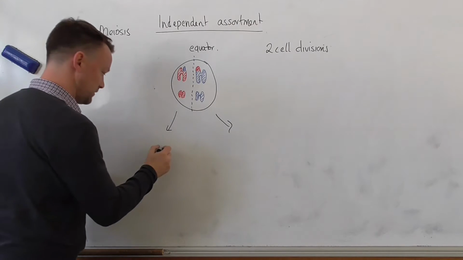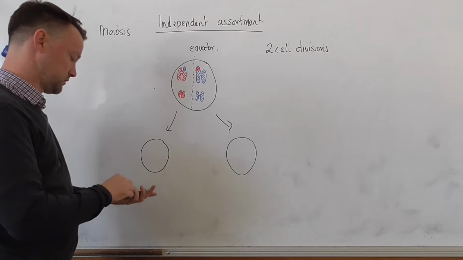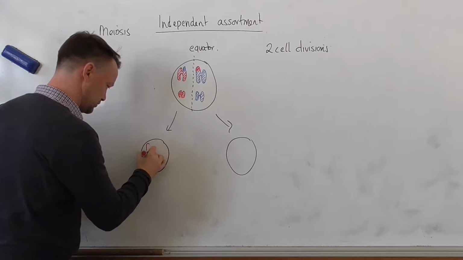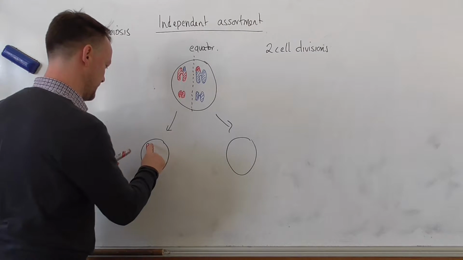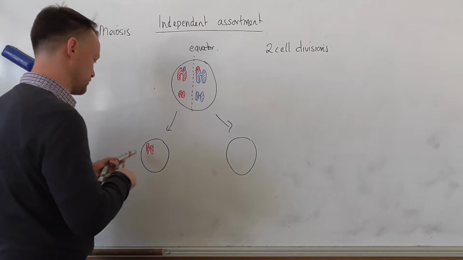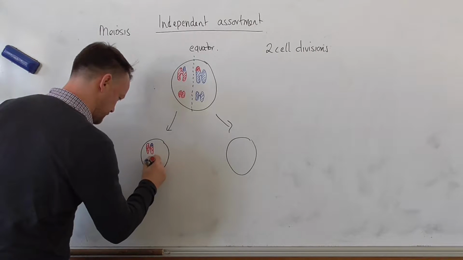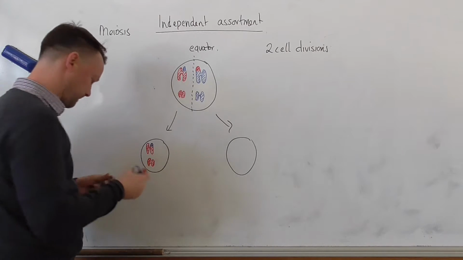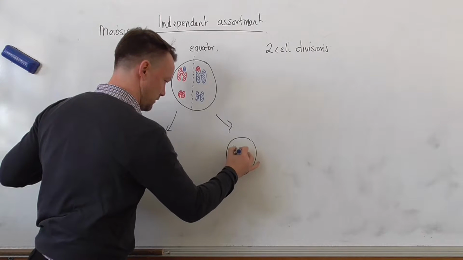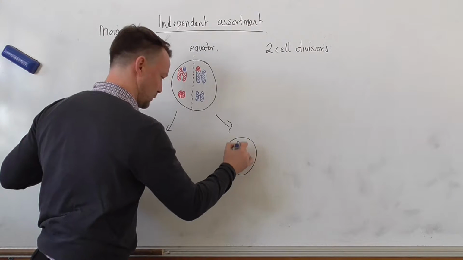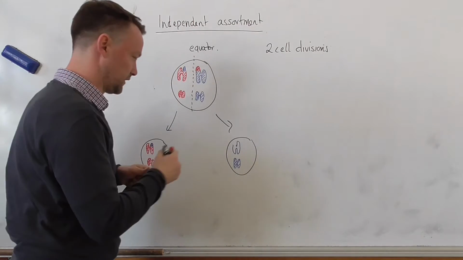What you end up with, after the first cell division, in scenario one, is this. So this here, I've got my little bit of crossing over, so let's put that in. This here now produces, so this half has gone across here, and this half has gone over here.